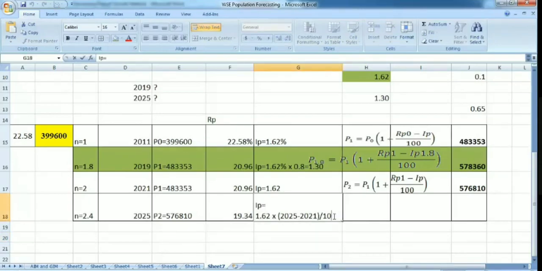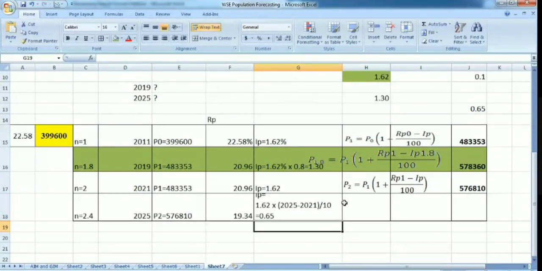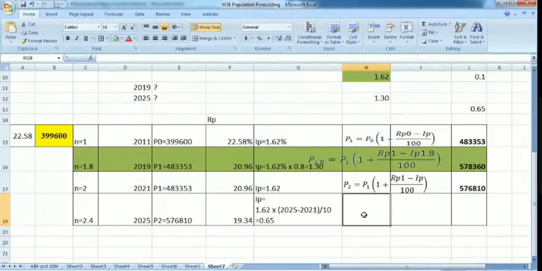That's why you will get it as 0.65. Is there any doubt there? Now what I need to do is calculate P 2.4.